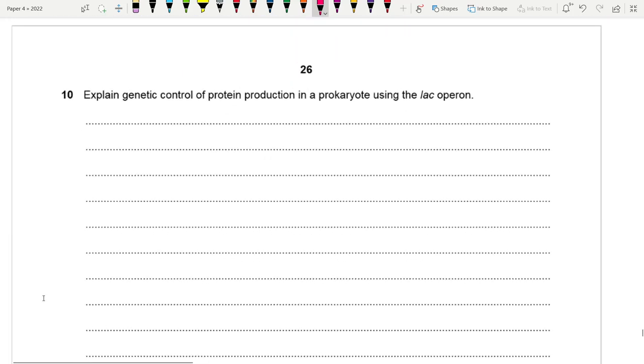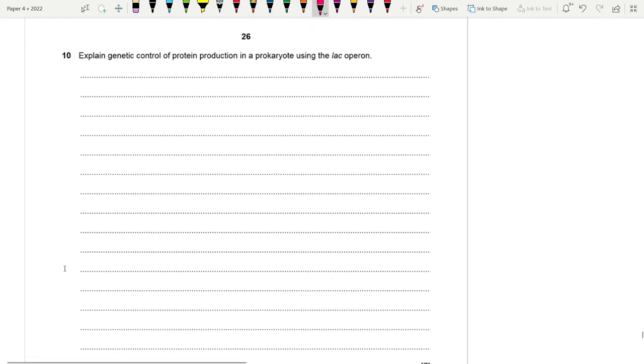Now we're on to the last question, which is: explain genetic control of protein production in a prokaryote using the lac operon. Okay, so let's begin. So mainly the lac operon consists of structural genes and regulatory genes.